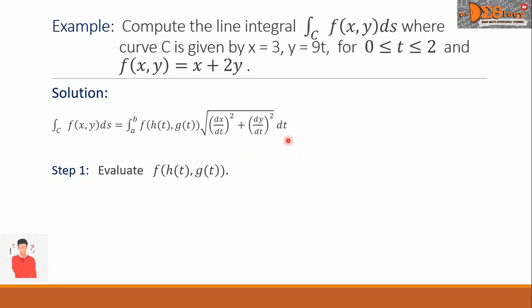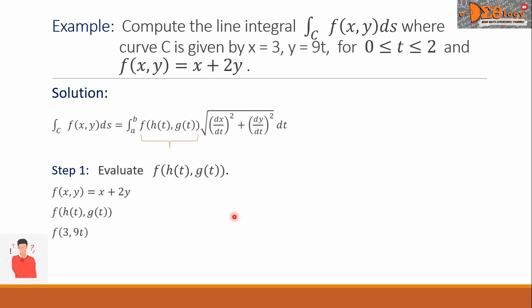And then, step 1, let us evaluate this portion of the formula. That is the f of h of t, g of t. Let us write our function f of x y equals x plus 2y. This f of x y is the f of h of t, g of t.